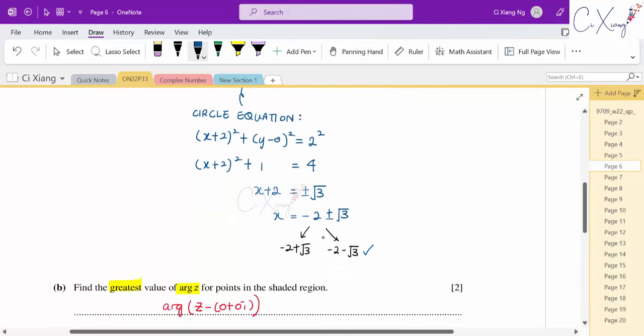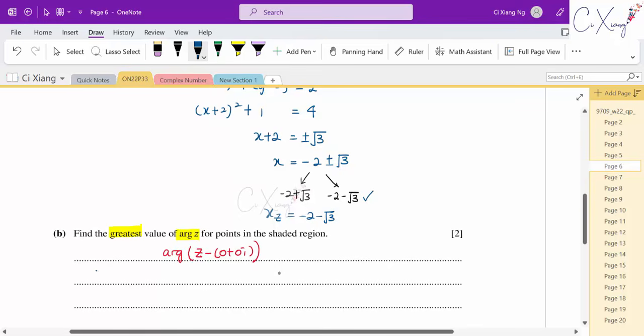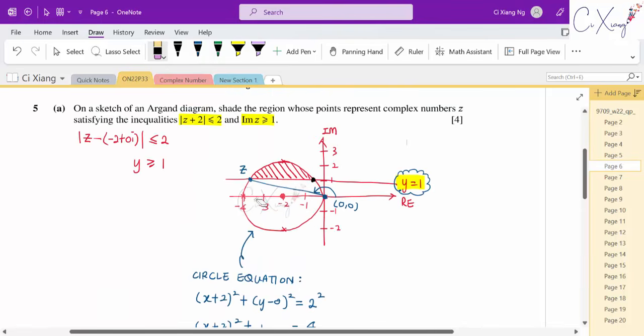So the x coordinate for the z in our diagram should be negative 2 minus square root 3. Okay, so from here, I actually know that my z is a complex number with the coordinate of negative 2 minus square root 3, plus 1i. Okay, so this is my z.